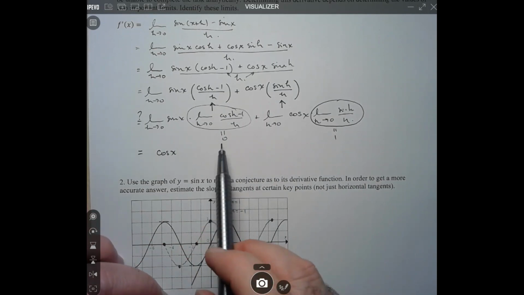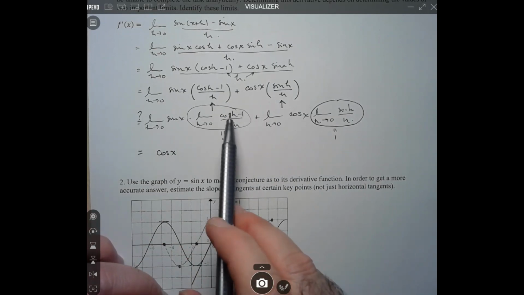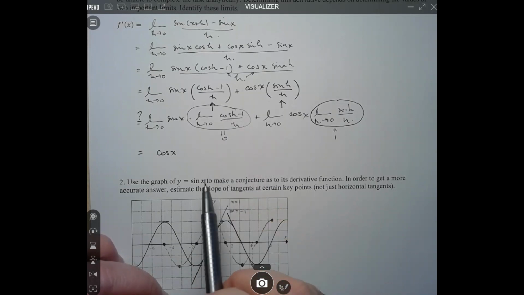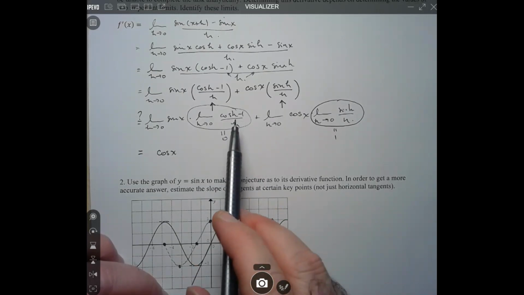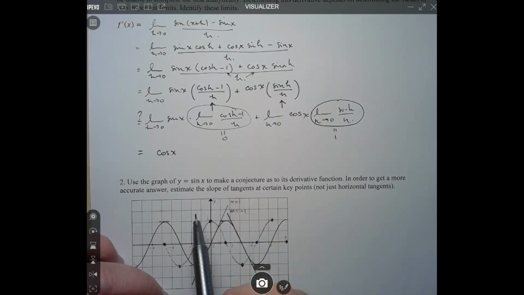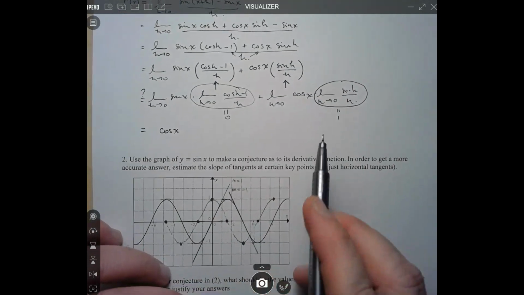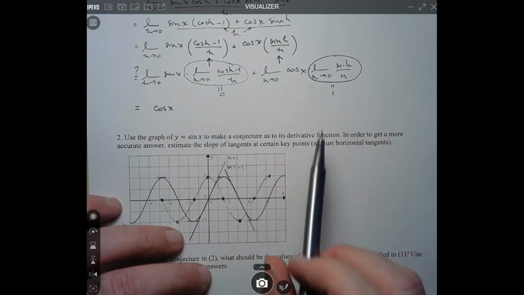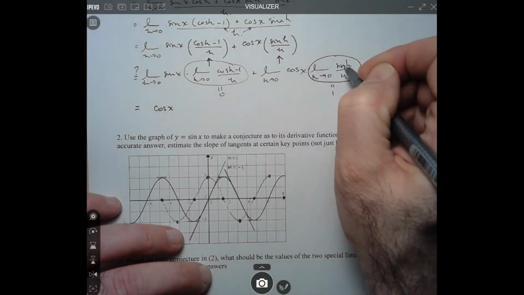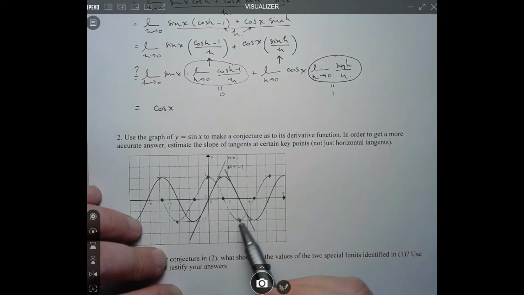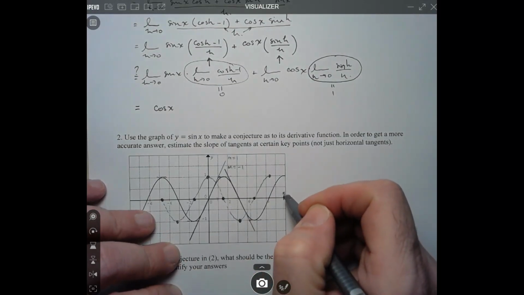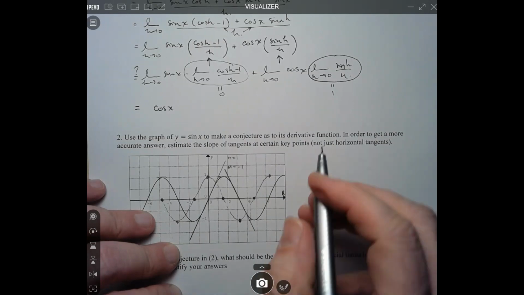So what I'm going to ask you to do for cos h minus 1 over h is put this function in Desmos and see if you can justify why it makes sense that this should be equal to 0. But this graph here is going to help me to compare sine h and h, okay? Because I essentially have these things written out, let's say instead of x, this was h.